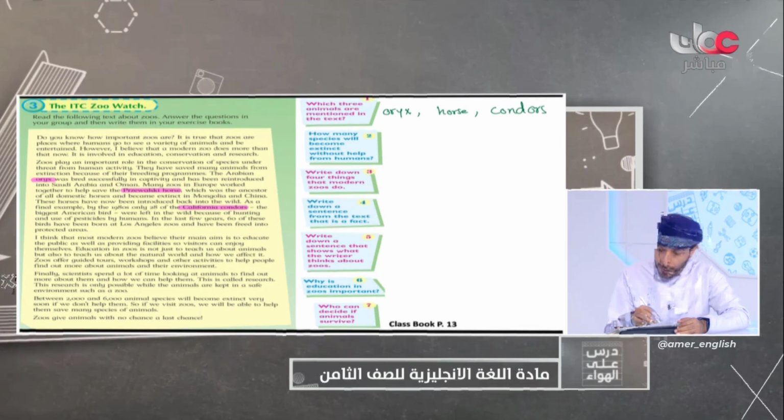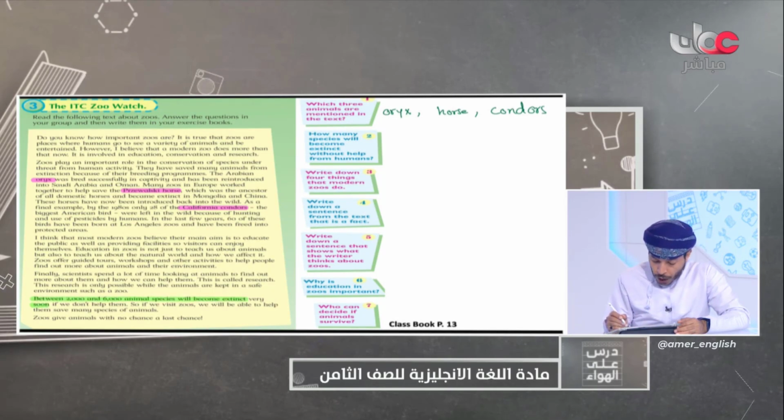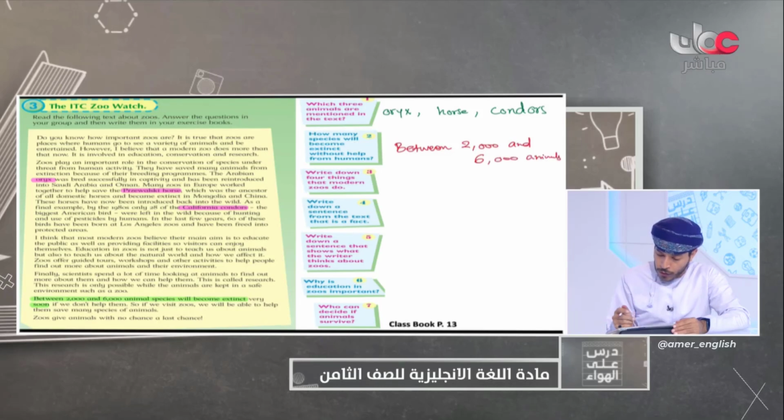They are in the last paragraph or the one before the last, I will shade it in green: between 2,000 and 6,000 animal species will become extinct. So the answer for this one is going to be between 2,000 and 6,000 animals. So this is how to answer questions.